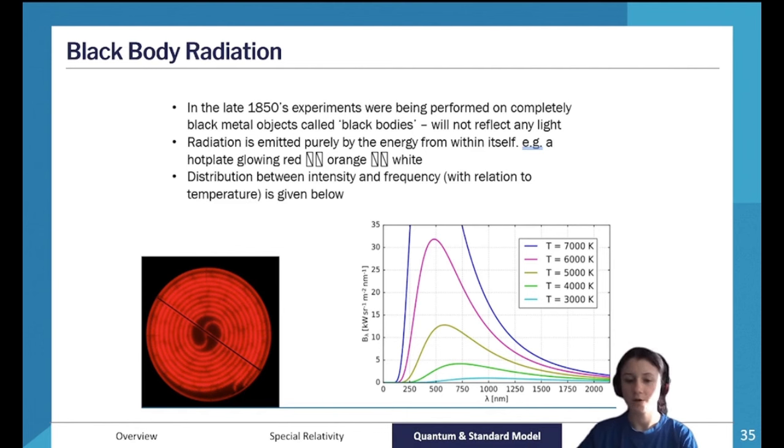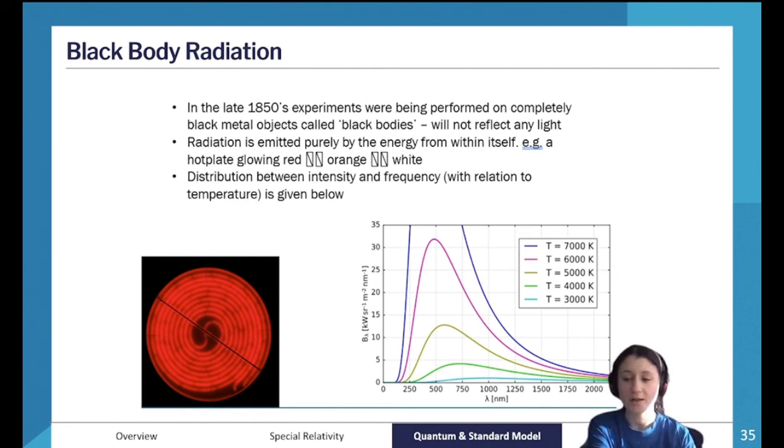A few hundred years ago, experiments were being performed on completely black metal objects, and we call these black bodies. So a black body is a completely black object, and theoretically it does not reflect any light. It only absorbs the light that's being shone at it. Alright, because it's black and it's metal, so it's a good conductor, that kind of thing.